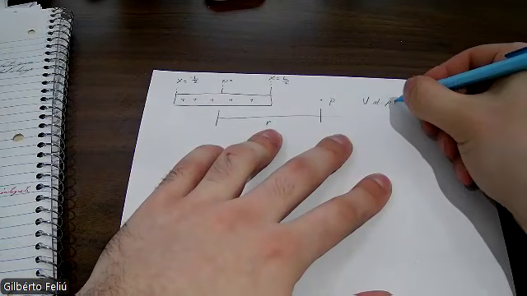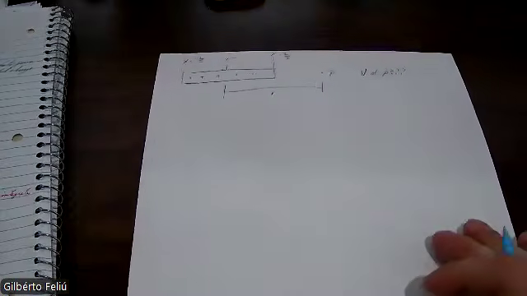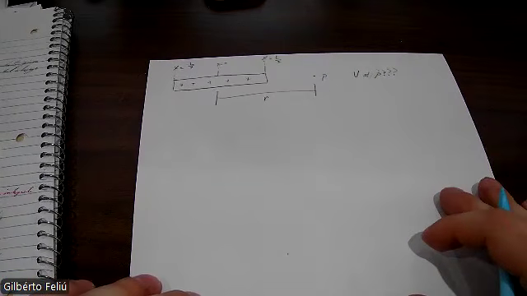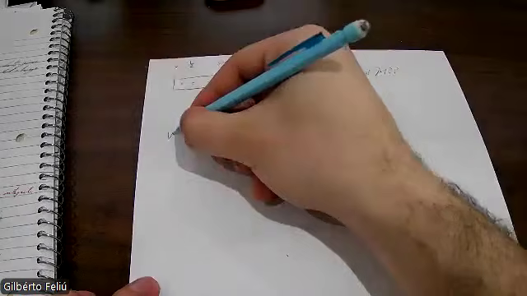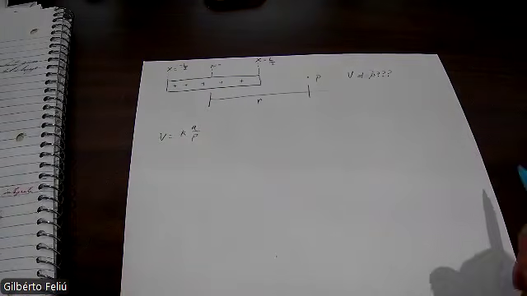Right, V at P, put a triple question mark. This was a long problem. So, okay, how do we do this? Should we just say V equals kQ over R for this whole thing? How do you even do that?